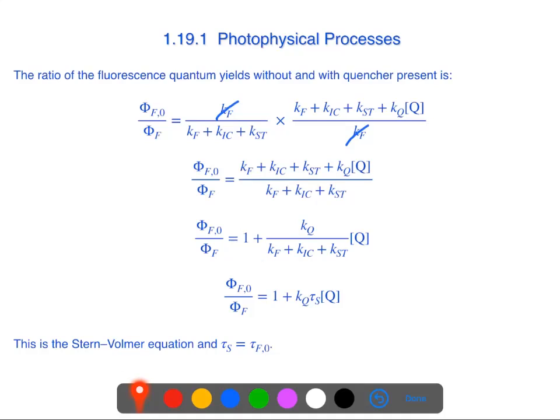In doing so, we can further simplify the 1 over the sum of these three rate constants with the singlet lifetime, which is typically also called the fluorescence lifetime in the absence of quencher. Nonetheless, this expression is known as the Stern-Volmer equation, and it's a very useful equation for determining what the rate constant for a quenching process is, as we'll see on the next slide.